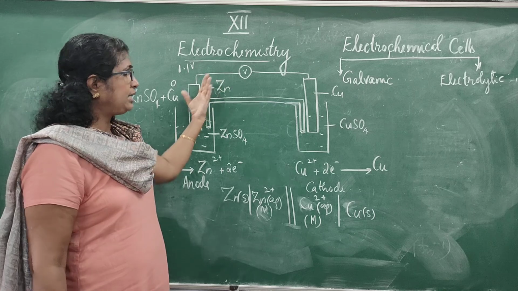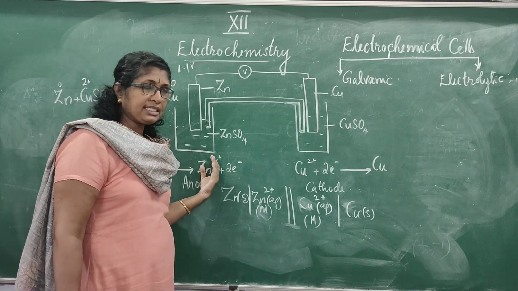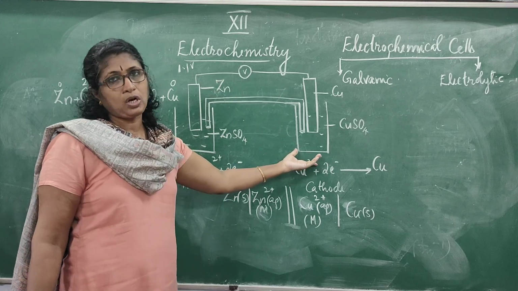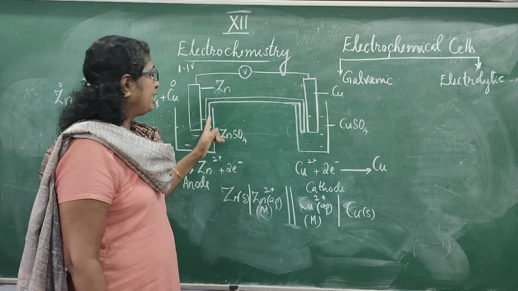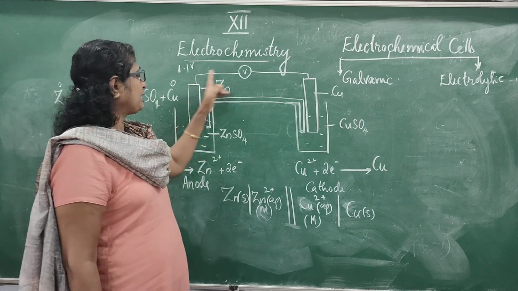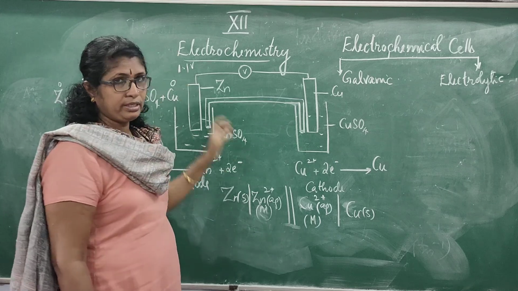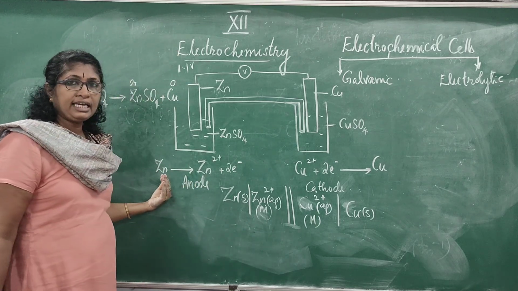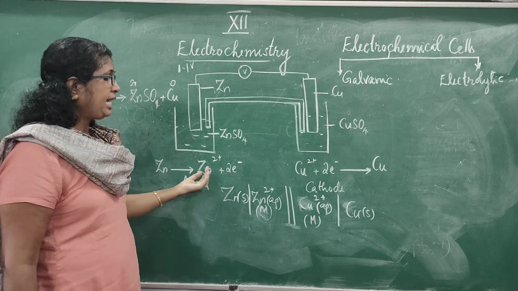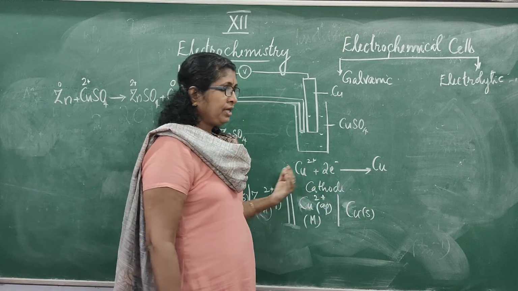We have now seen the voltaic cell, in which zinc is dipped in zinc sulfate and copper is dipped in copper sulfate. These two electrolytes are connected by a salt bridge and the two electrodes are connected by a voltmeter. You can see 1.1 volt. At the zinc electrode, zinc is oxidized to zinc ion, and at the copper electrode, copper ions are reduced to copper.